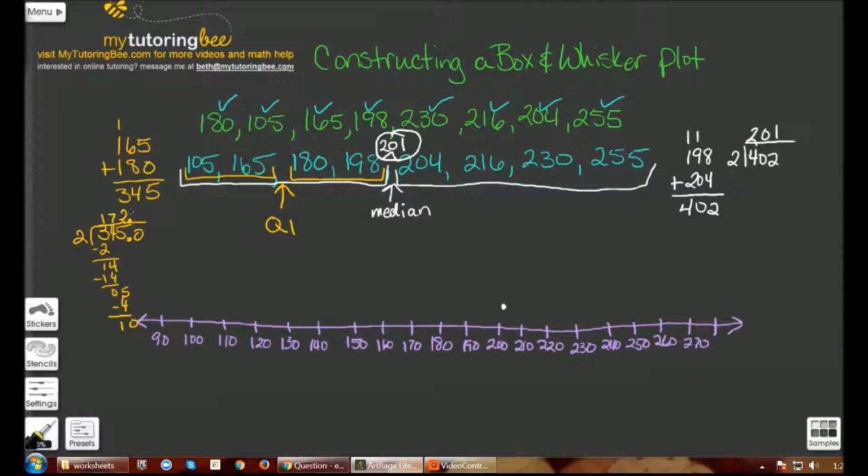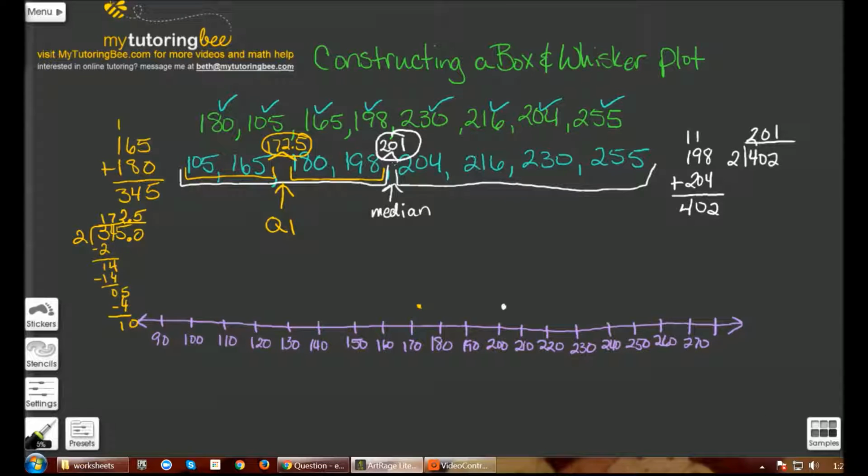So 2 can go into 10 5 times. So since that is 172.5, then that is our first quartile. So I'm going to write that up here. And then we'll go ahead and note that on our number line. So here's 170. I'm going to shift over just a little bit to mark 172.5.